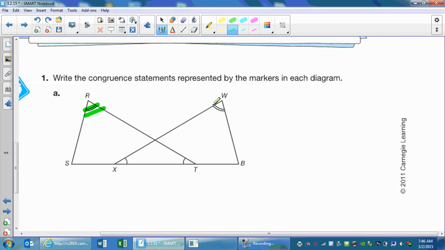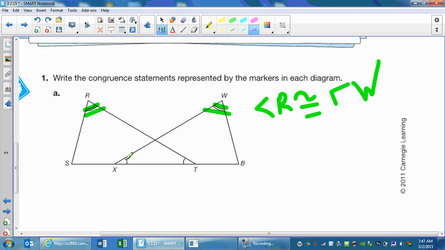So I would look for a double arc. And so now I can say angle R is congruent to angle W. And that's given. They showed us that in the picture.